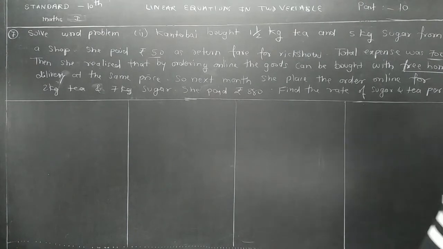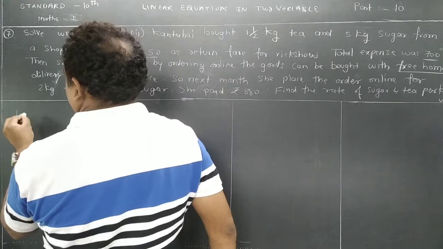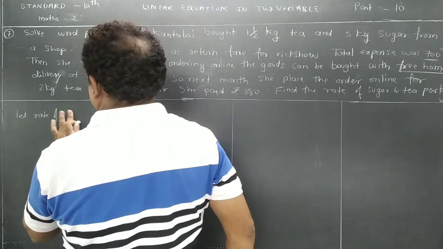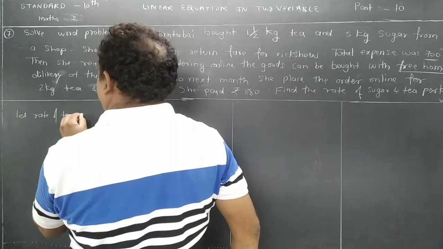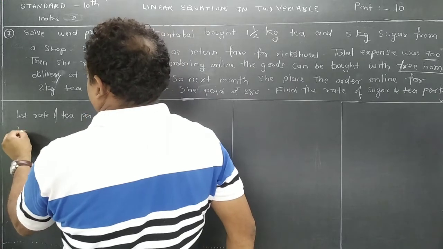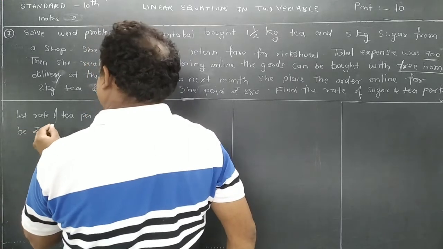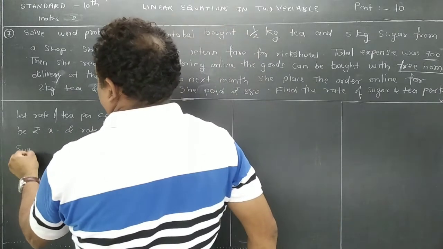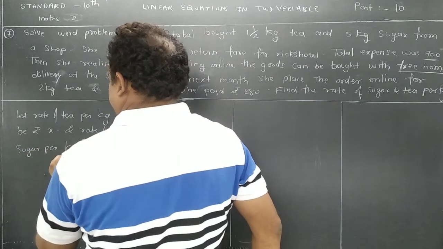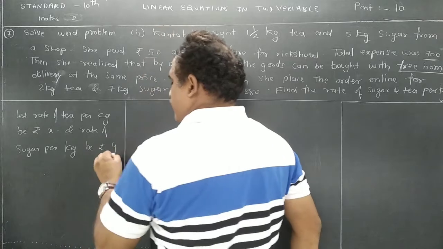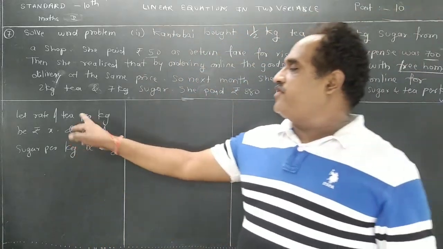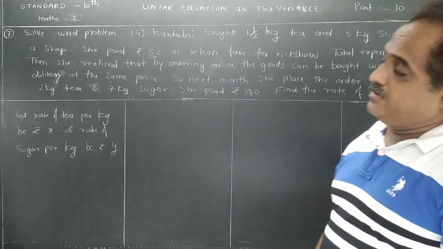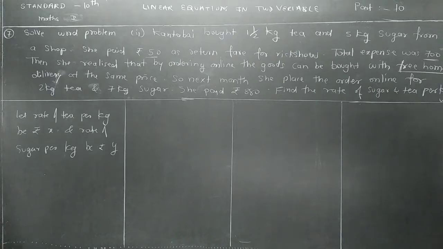First, let the rate of tea per kg be x rupees, and the rate of sugar per kg be y rupees. That means 1 kg of tea costs x rupees, and sugar costs y rupees per kg.